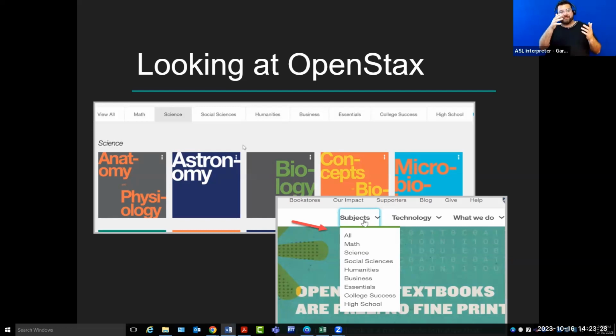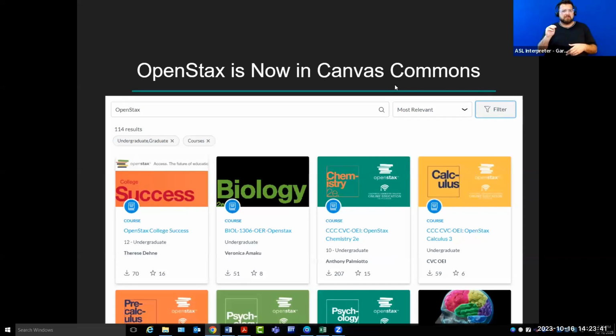Okay, and then the next one is MILN, or used to be BC Campus. OpenStax is now in Canvas Commons, so you can easily import modules into your Canvas shell.